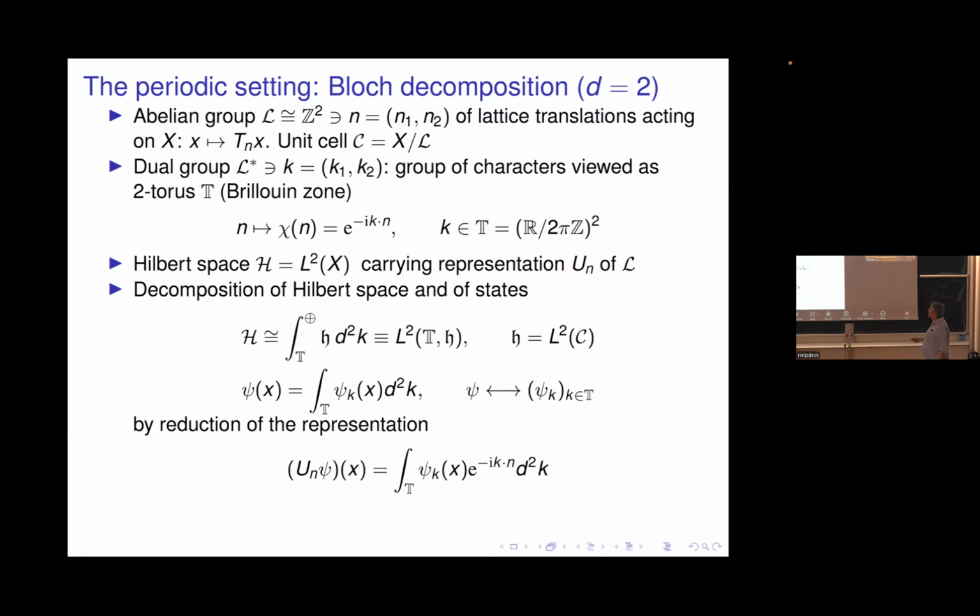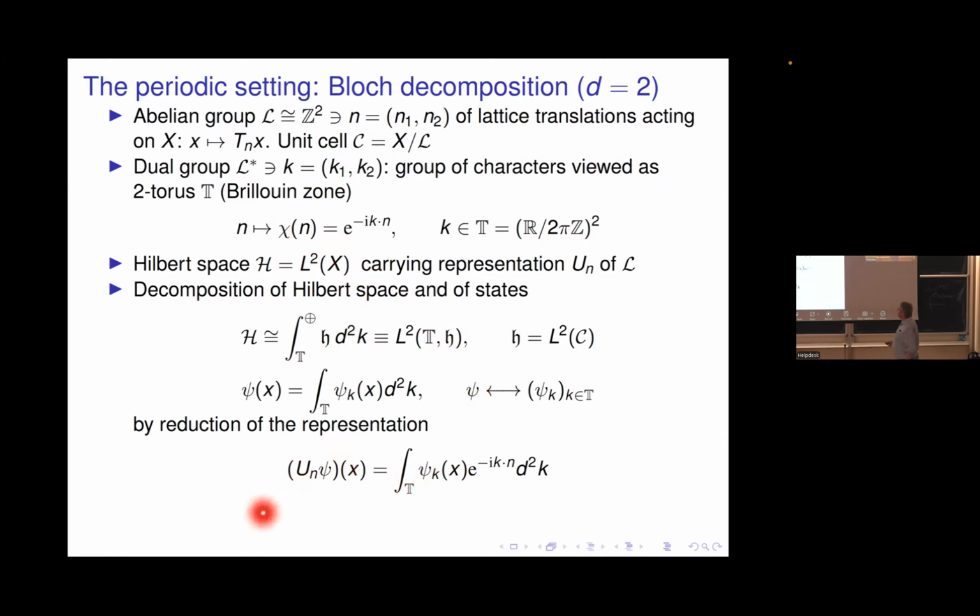And you can decompose the Hilbert space according to the different irreducibles, as the mathematician would say, or according to different quasi-momenta, as physicists say. And how does it go?